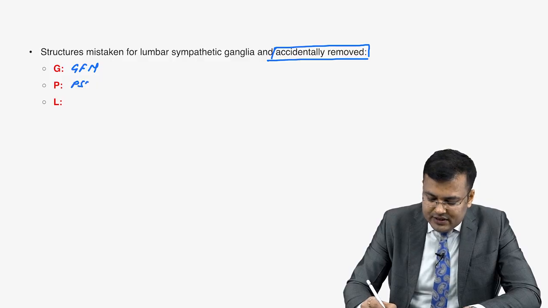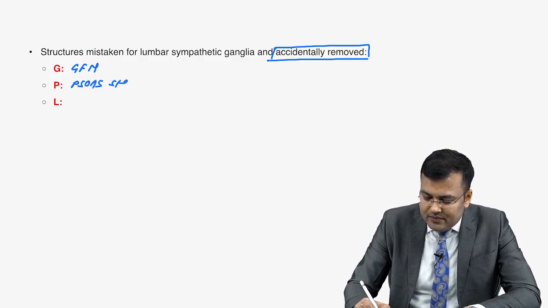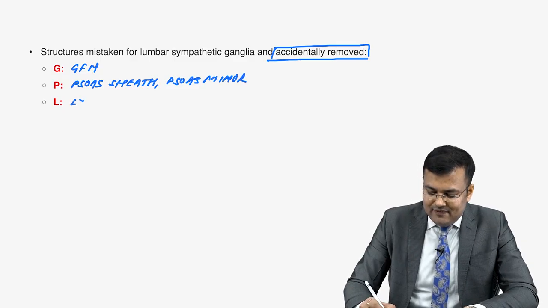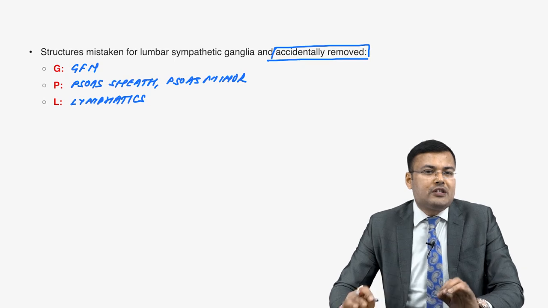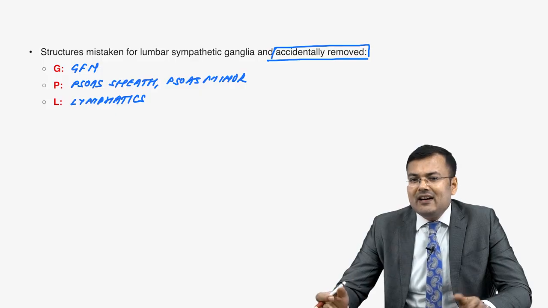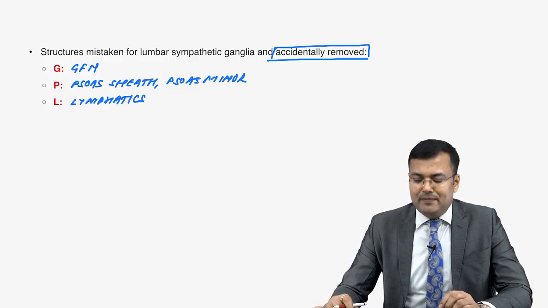L, lymphatics. So genitofemoral nerve, psoas sheath, psoas minor, and lymphatics are the structures mistaken for lumbar sympathetic ganglia and accidentally removed during lumbar sympathectomy.